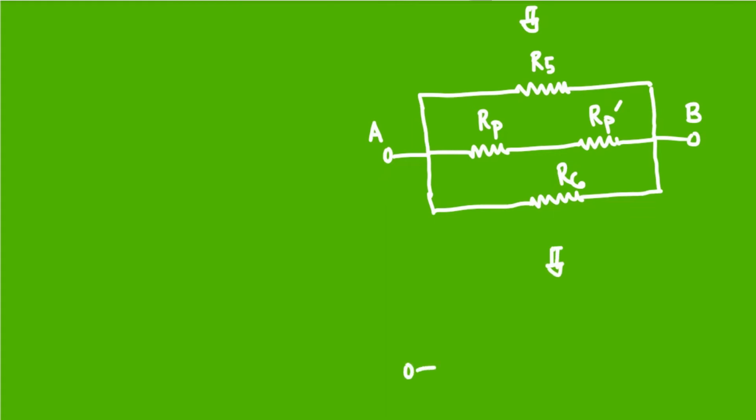Again, we can simplify this circuit diagram. R5 and R6 will remain unchanged, but in place of RP and RP prime, we can connect a single equivalent resistance, that is RS, because RP and RP prime are connected in series combination.